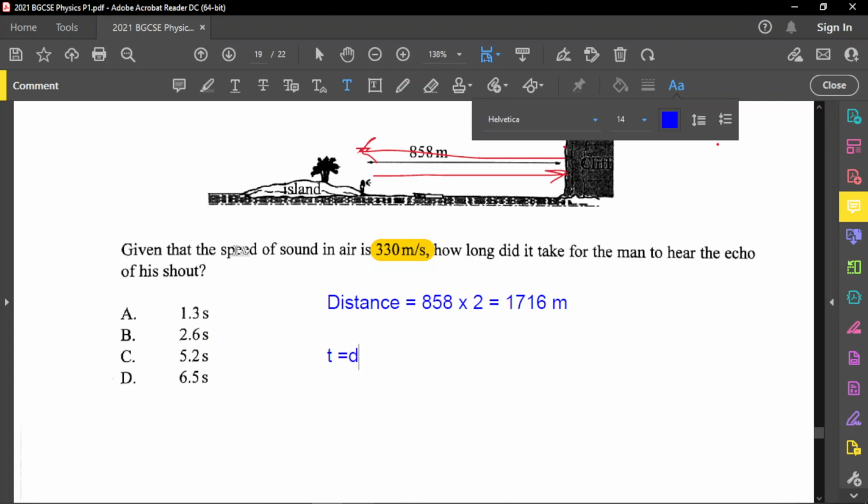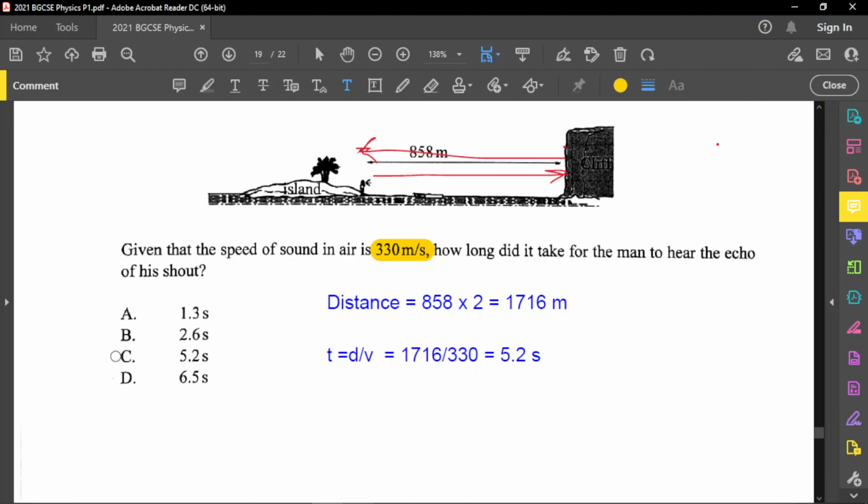So time is equal to distance, which is 1716, divided by the velocity, which is 330. And so this is equal to 5.2 seconds. All right, so 5.2 seconds is our correct answer. So therefore, option C is the correct answer.